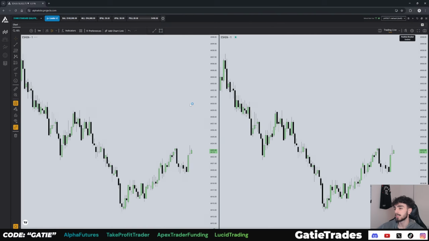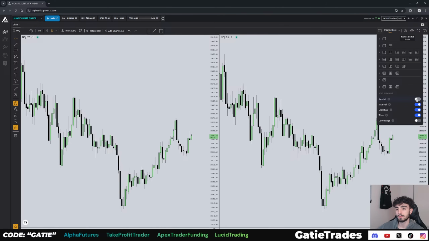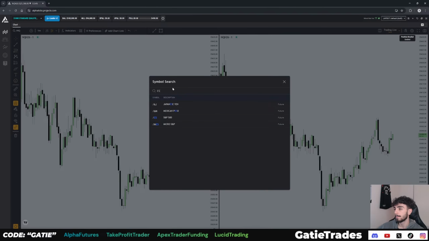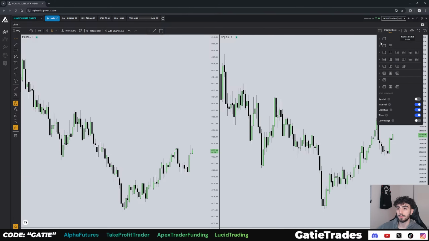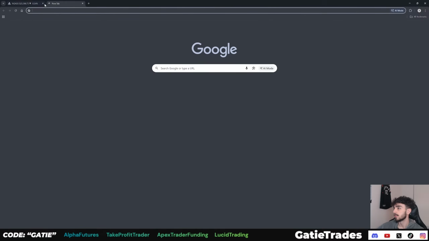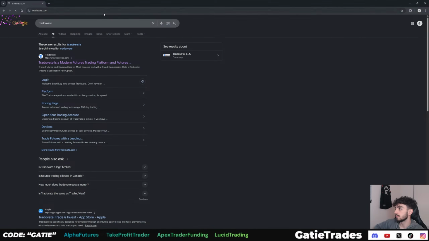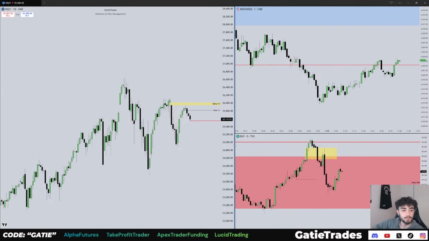If you click sync on the symbol, it'll switch. So keep this one turned off. That's how you split screen. And on Project X, you can go crazy, bro. You can look at everything if you want to do that. So that's that. On Tradovate, let me sign in here.